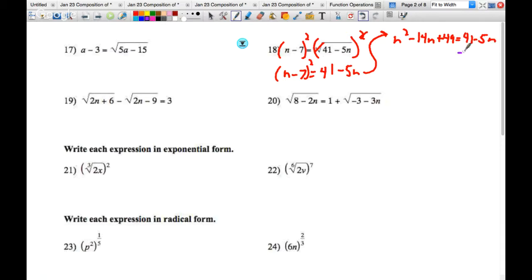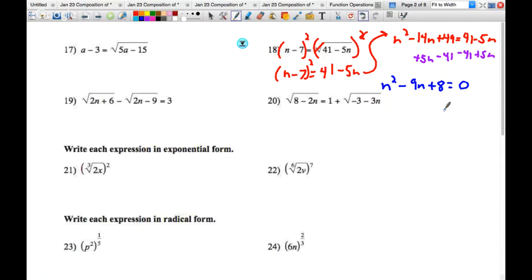Combine like terms, do some inverse operations like subtracting 41 from both sides, adding 5n to both sides. And I get n squared minus 9n plus 8 equals 0.